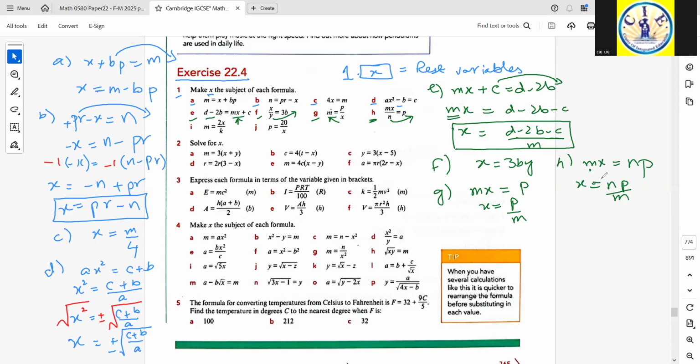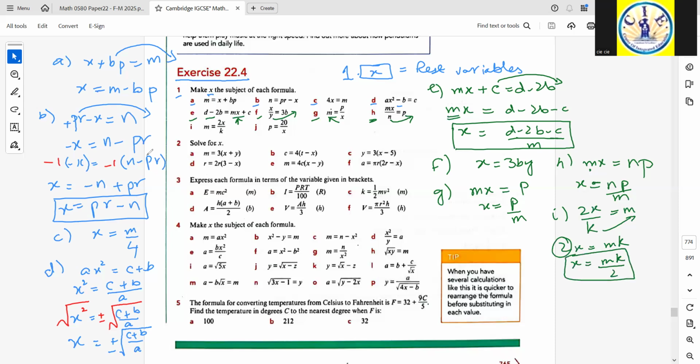So x has been made the subject. And then for part I, I can first of all shuffle the sides: 2x divided by k equals m, and then shifting this k to the other side, 2x is equal to mk, and then shifting this 2 to the right side, it will be mk divided by 2.